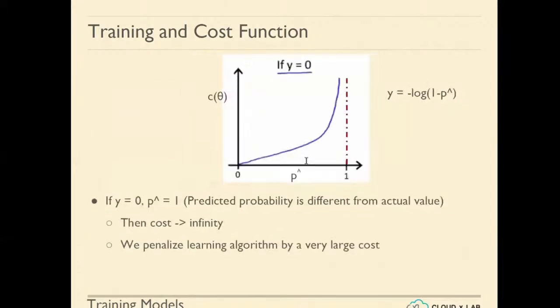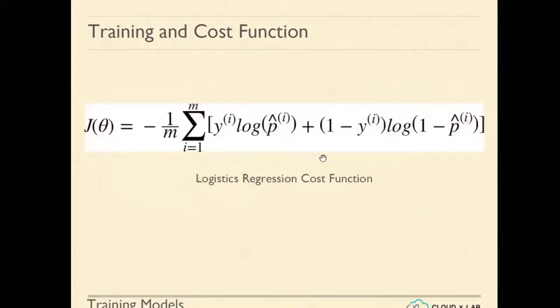And how can we make a combined function? The combined function is something like this, right? So this is the combined function where we are having log p as well as log 1 minus p.